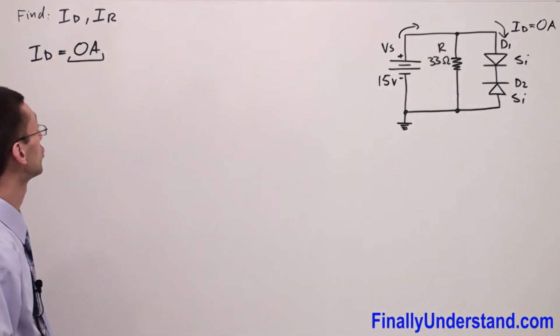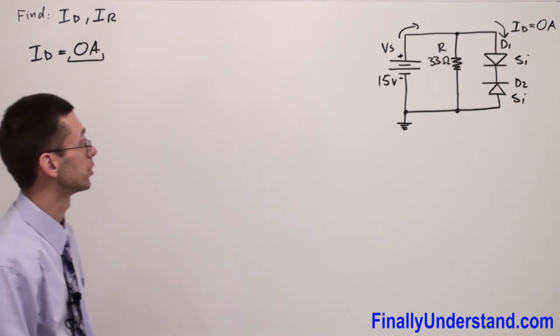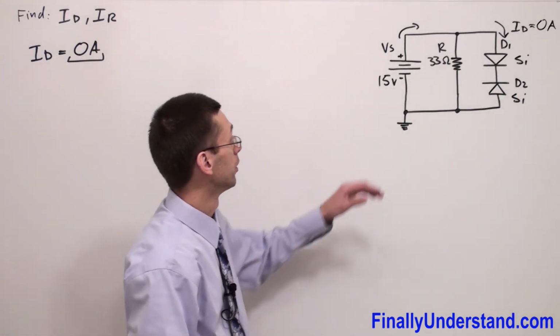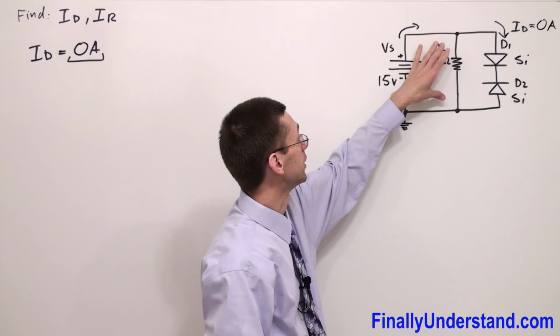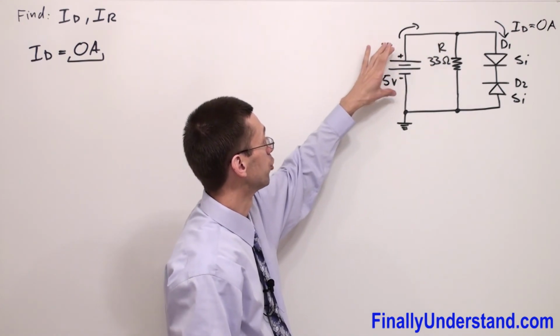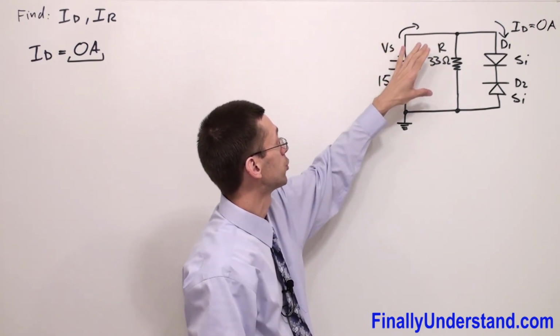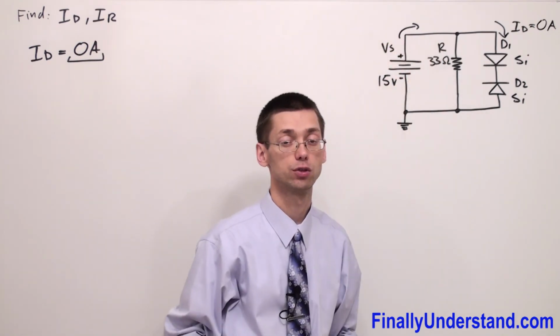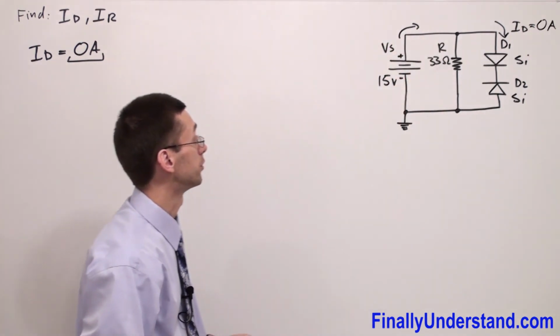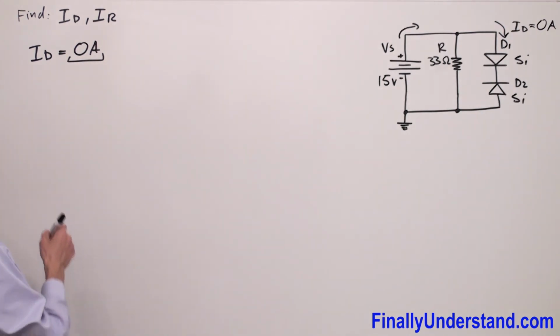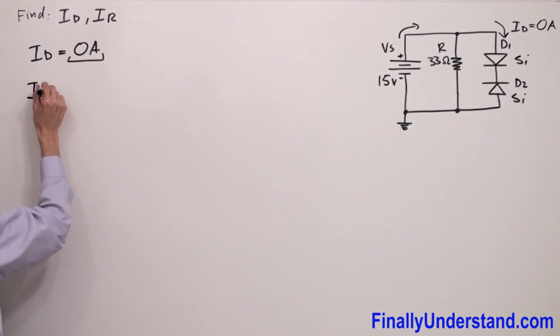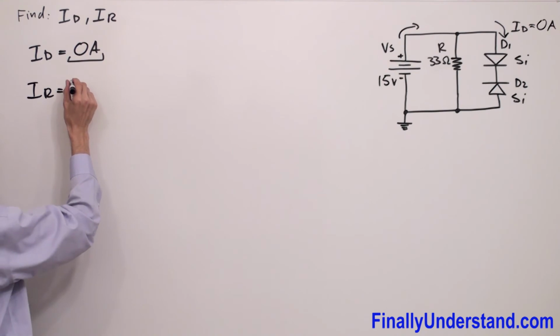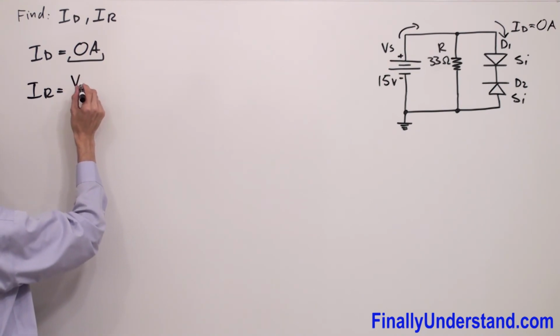Next, we're supposed to find the current which goes through the resistor. Now, this resistor is connected in parallel with the voltage source. Okay, so it means that I have 15 volts across this resistor. So if I have 15 volts across the resistor, I can find a very easy current. IR is equal voltage across the resistor, right?